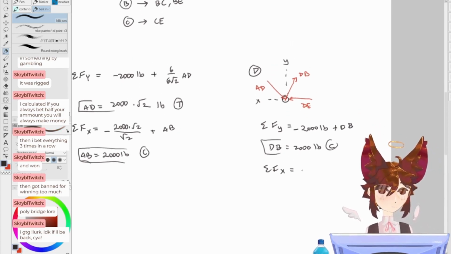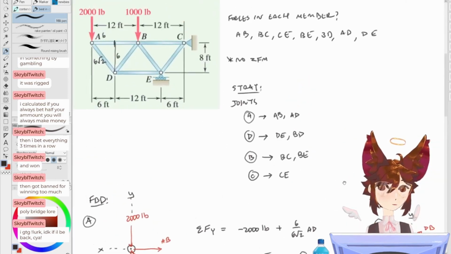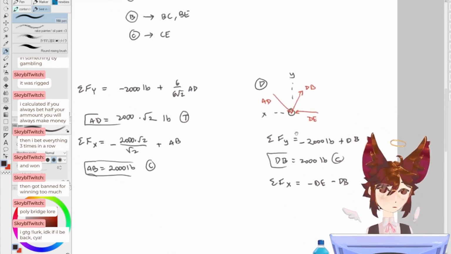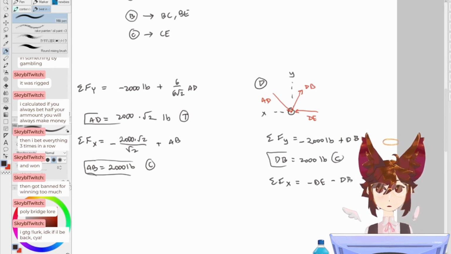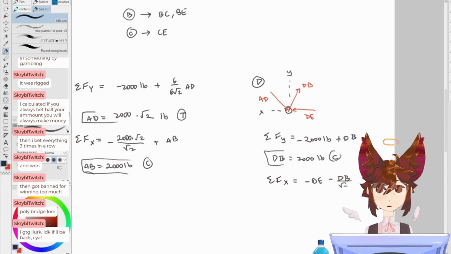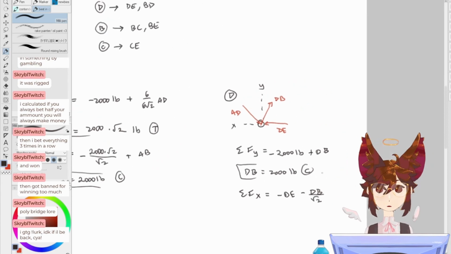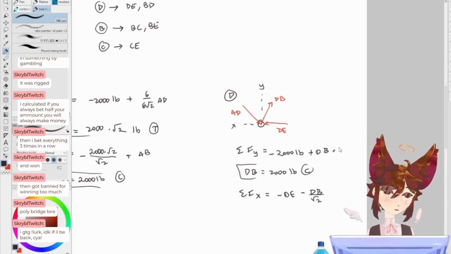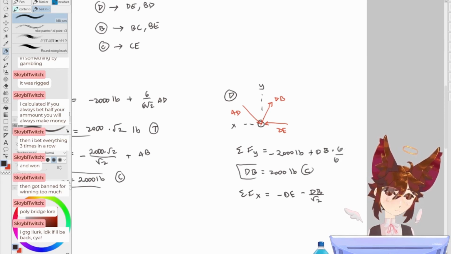So minus DE, minus DB, and DB has the same, this will be DB root 2. Is it divided by root 2? Divided by root 2, right? Oh wait, no, I goofed it again. This one is dB over root 2, or dB times 6 over 6 root 2.